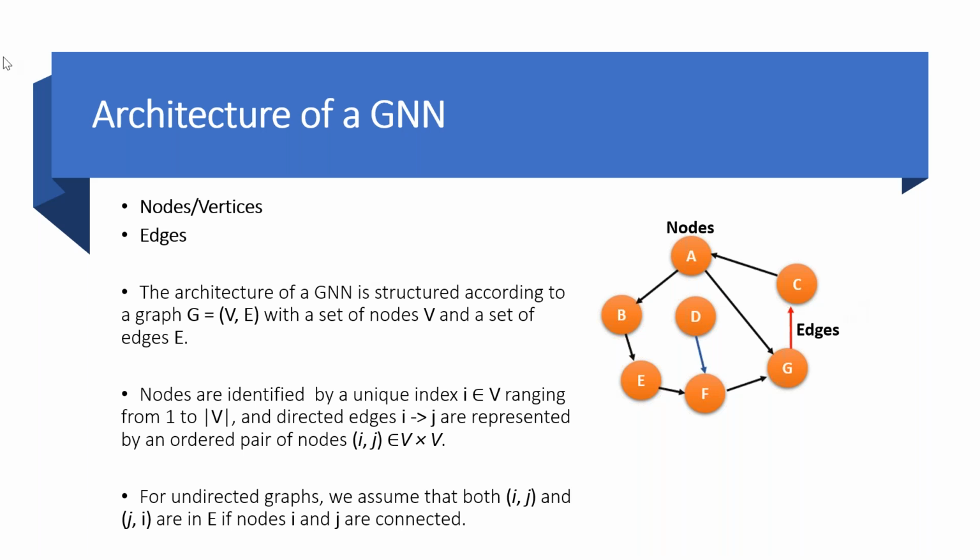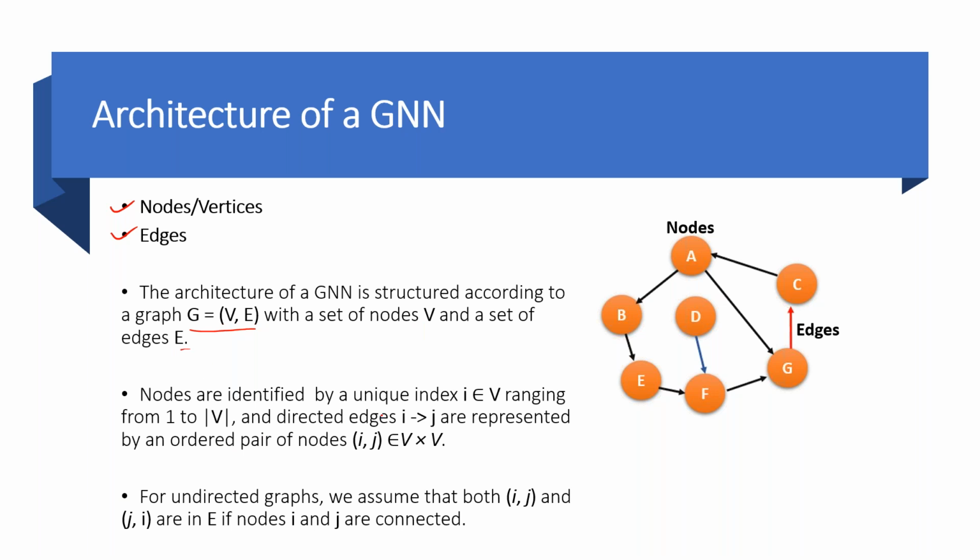It has a node and an edge. Any graph data structure will have edges and nodes, or vertices. According to the graph, it would be G consisting of vertices and edges, with a set of nodes denoted as V, and a set of edges.